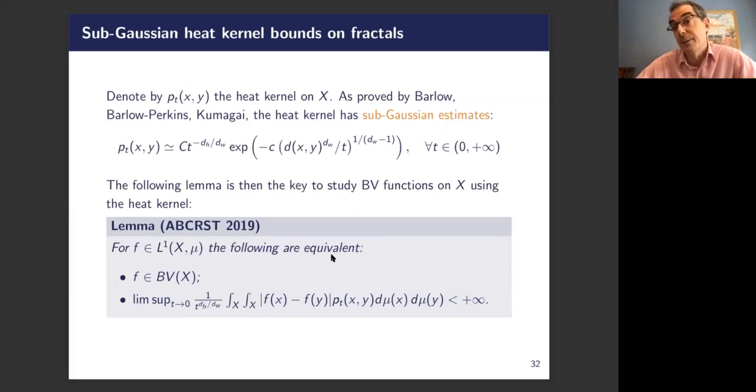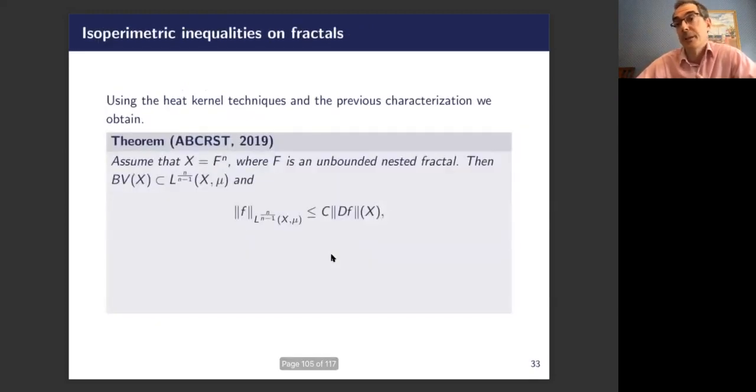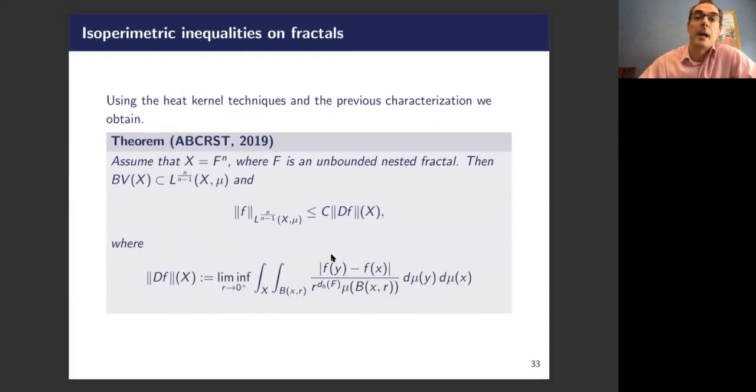Okay, so once we have the heat kernel characterization, as I told you, the method is very general. That is, adapting, of course, with a little bit of work, we can obtain the isoperimetric inequality and the L1 Sobolev inequality in this context of fractals. Again, we are able to use a correlation energy, which is a lim-inf, that is, the best possible way to estimate what should be the variation of a function.